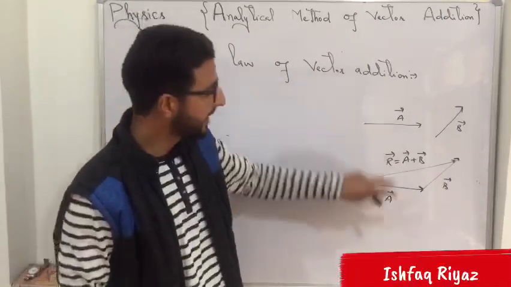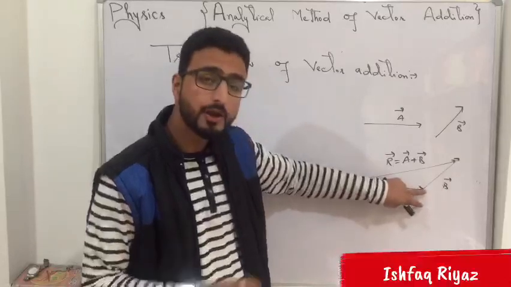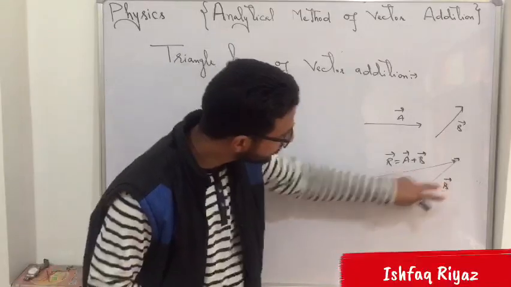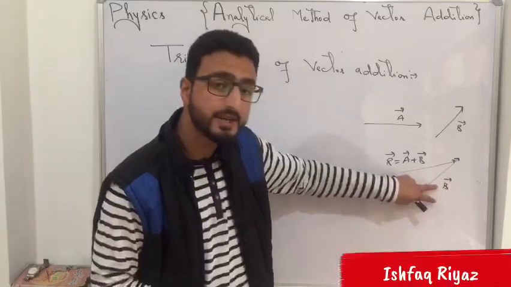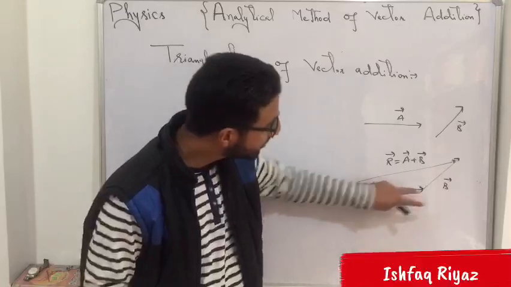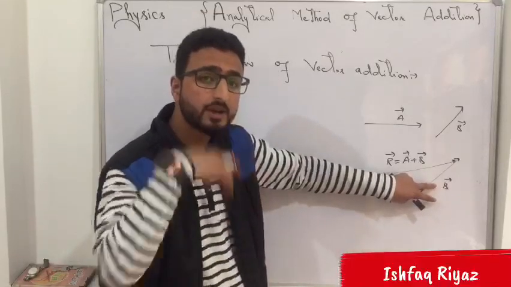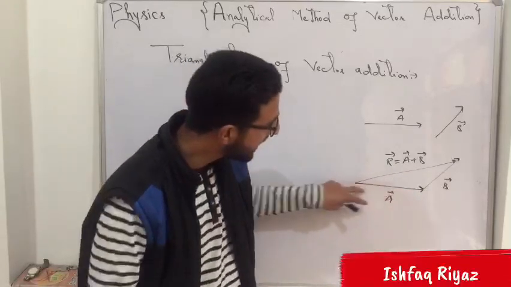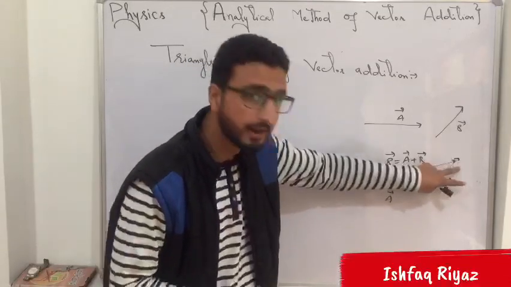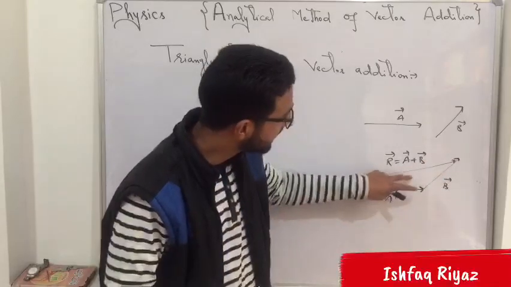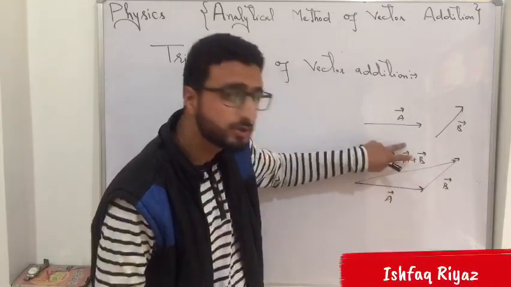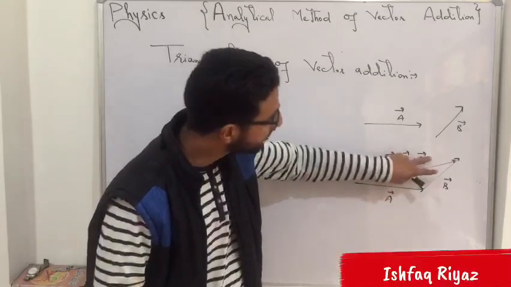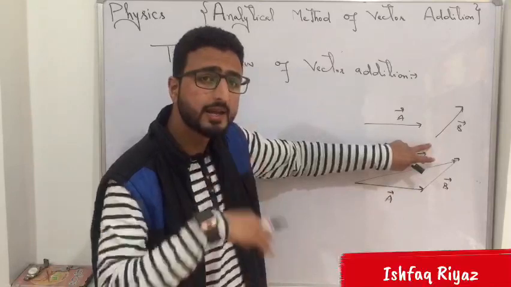The statement of the triangle law of vector addition is: if two vectors acting on a point at the same time are represented in magnitude and direction by the two adjacent sides, or simply by two sides of a triangle taken in the same order, head to tail, then their resultant is represented in magnitude as well as direction by the third side, the closing side of the triangle, taken in opposite order.